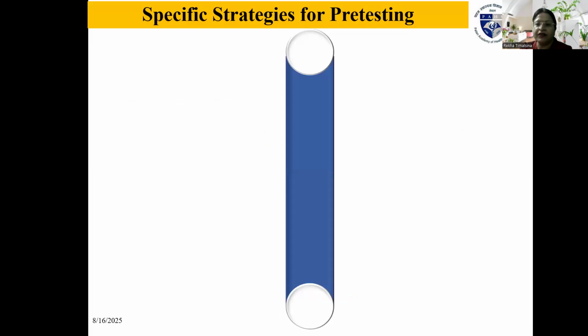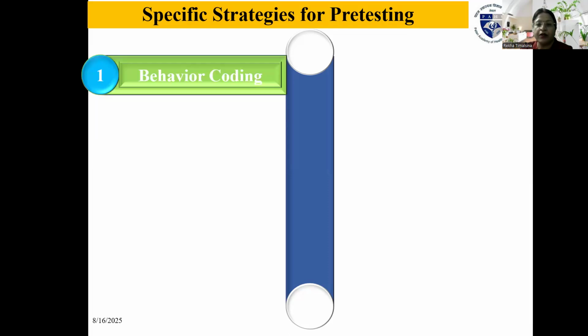During the pretesting phase of survey development or adaptation, several qualitative methods can be used to evaluate the clarity, relevance, and functionality of the instruments. One most commonly used method is behavioral coding, in which researchers administer the survey in person and observe the respondent as they progress through it.